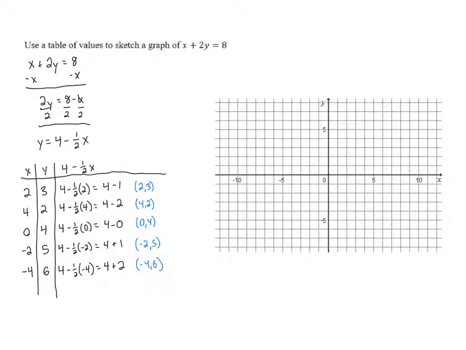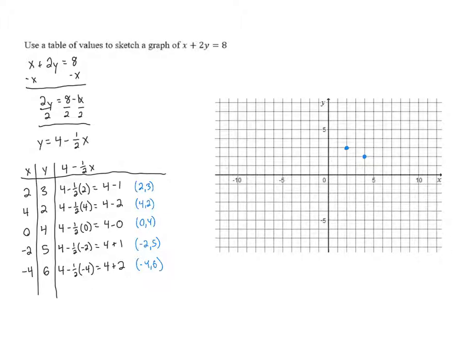And we're going to plot these. And I'm going to do these a little faster now because we should have a good amount of experience here. (2, 3) is to the right 2 and up 3. It's going to be right here. (4, 2) is going to be to the right 4 and up 2. It should be here. (0, 4), because the x-coordinate's 0, we're not going left or right.